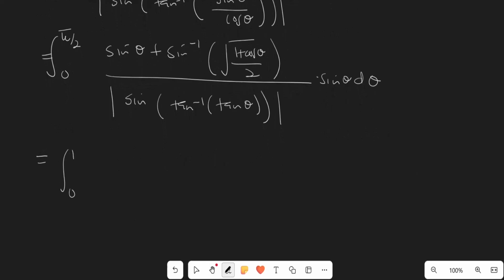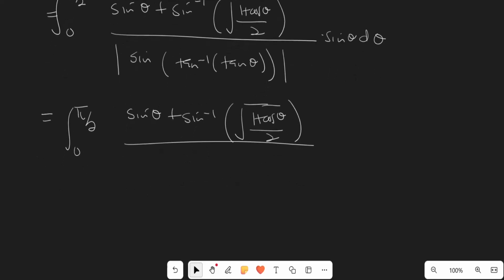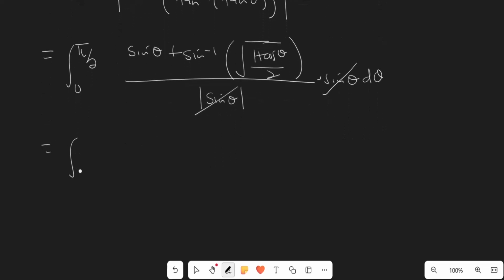So in the end, you have the integral from 0 to pi over 2 of sine theta plus sine inverse of the square root of 1 plus cosine of theta over 2, divided by the denominator, which simplifies to sine theta, because tan inverse of tan theta is theta, and that will be the absolute value of sine theta times sine theta d theta. This will cancel out, and you are just left with the integral from 0 to pi over 2 of sine theta plus the sine inverse of the square root of 1 plus cosine theta over 2 d theta.